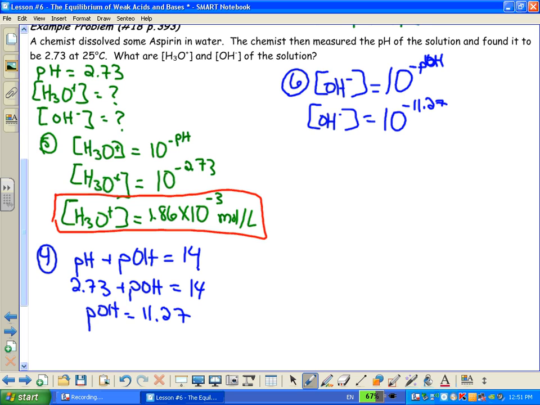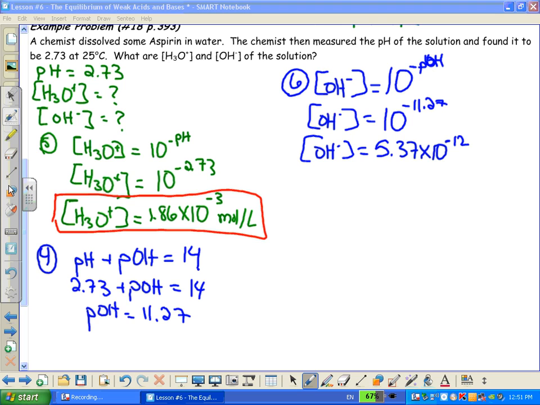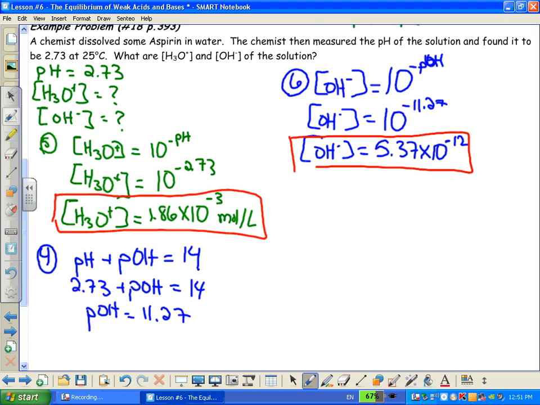You put that into your calculator, you end up with a concentration of 5.37 times 10 to the negative 12. And now we have answered the question by finding both the concentration of the hydroxide ions as well as the hydronium ions.